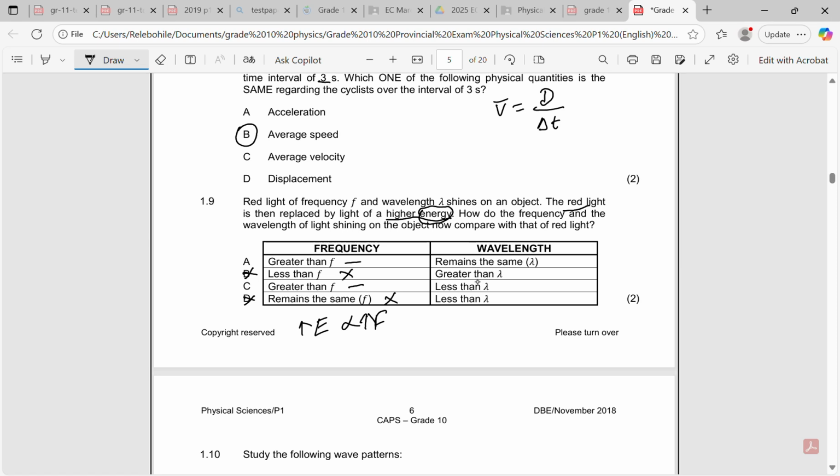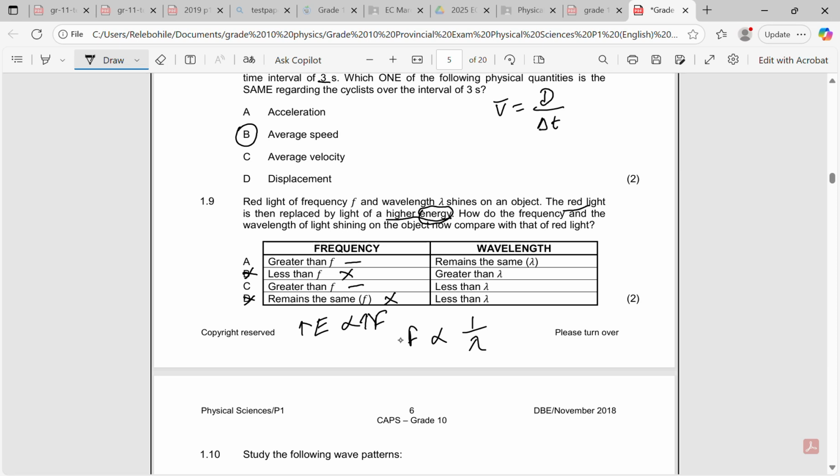Now another thing we are going to check is what wavelength we are going to have, and for that we will look at the relationship between frequency and wavelength. So we know that if we have an increasing energy, we also have an increasing frequency. But what happens to the wavelength when we have increasing frequency?